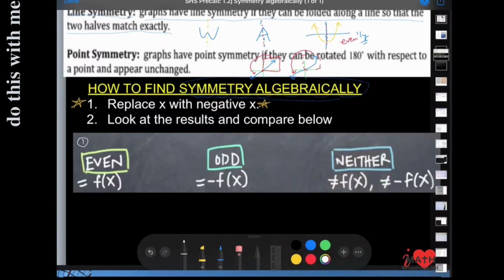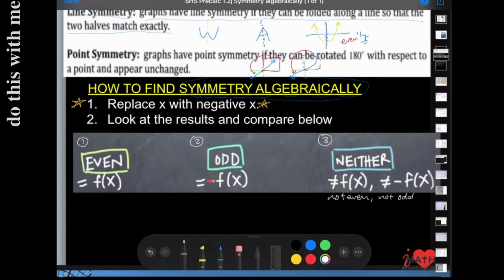If it's equal to the original, it is called an even symmetry. If it is equal to the opposite of the original, that's called an odd symmetry. And if it is not, so not even and not odd, then it is called neither.